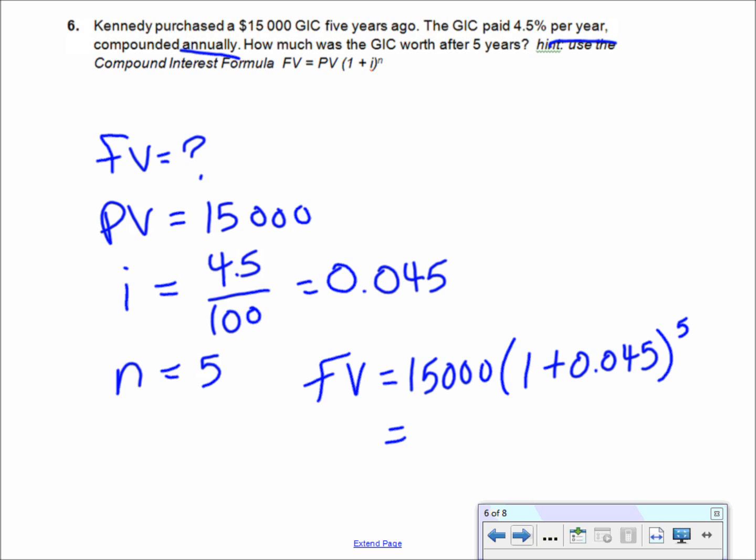And I got $18,692.73. Always go to 2 decimal places because it is money. So if he invests $15,000 at 4.5% a year for 5 years, after 5 years it will grow to $18,692.73.